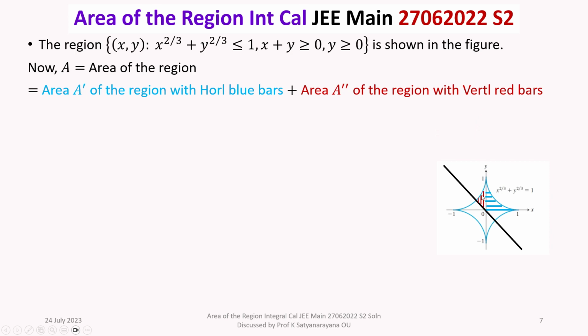These are the vertical red bars. Agreed. Now, because of the symmetry, the area A prime of the region with horizontal blue bars is the same as this corresponding portion in the second quadrant.